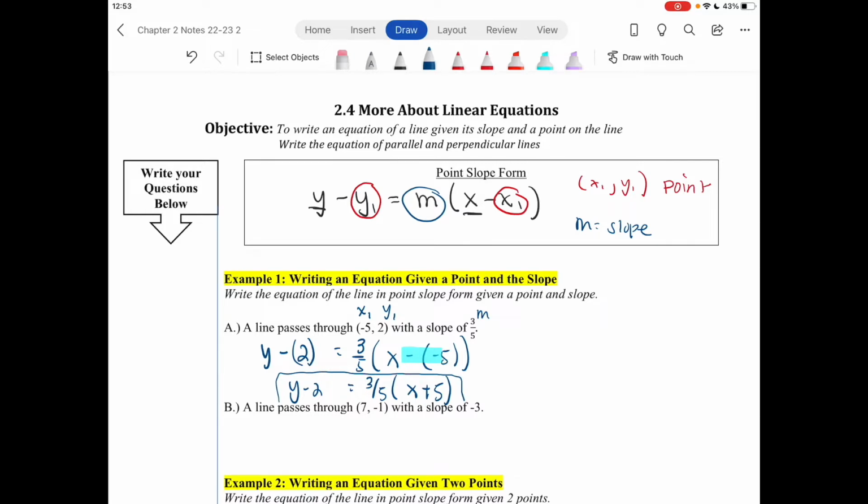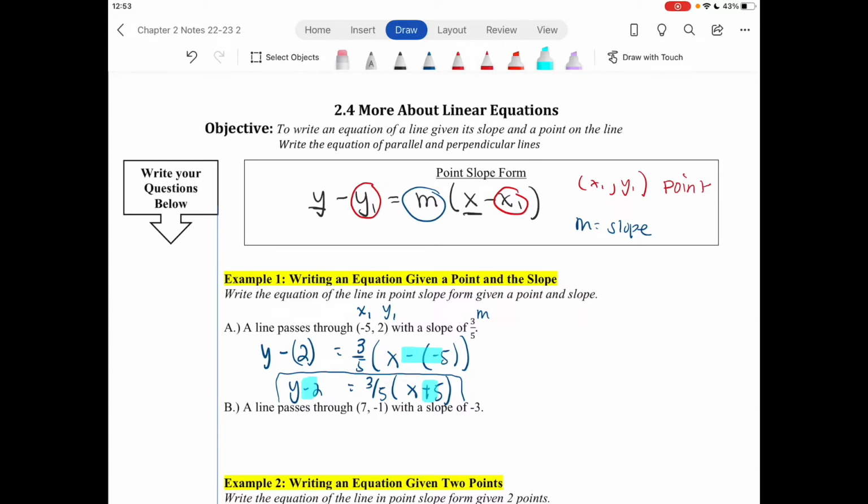So we're going to notice that the sign of our points, we start off with a positive 2, well, it changed to be a negative 2 after it got plugged in. And with our x value, it started off as negative 5, but after we plug it in and simplify, it ends up being positive. So the sign of each point is going to change once it gets plugged into the formula.